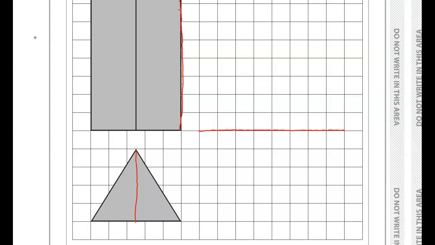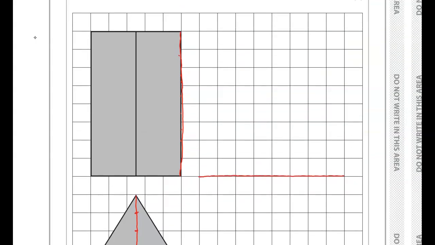So that is 1, 2, 3, 4 squares. So we're going to go 1, 2, 3, 4 squares up. Of course, you'd use a ruler to draw this, which is not possible here on screen.